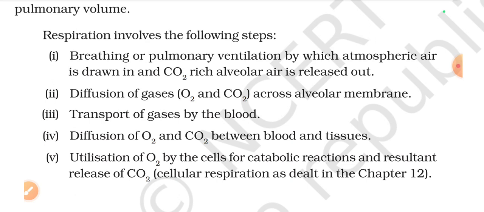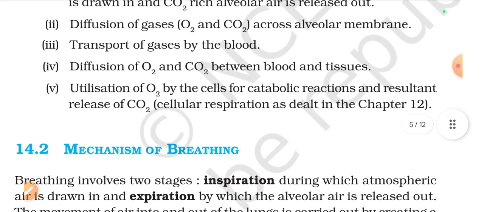Third is transport of gases by the blood. Fourth is diffusion of oxygen and CO2 between blood and tissues. And the last one is utilization of oxygen by the cells for catabolic reactions and resultant release of CO2. Cellular respiration is dealt with in chapter 12.